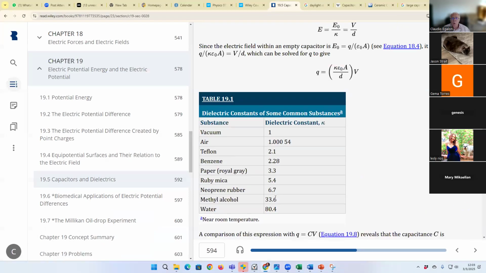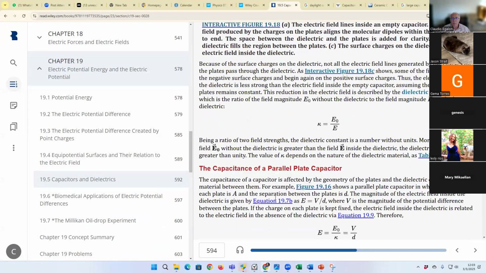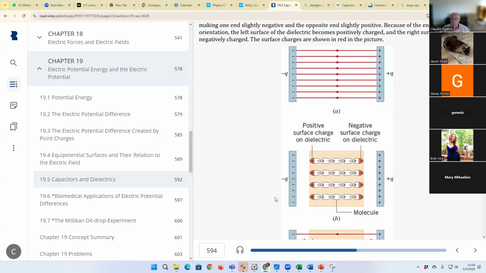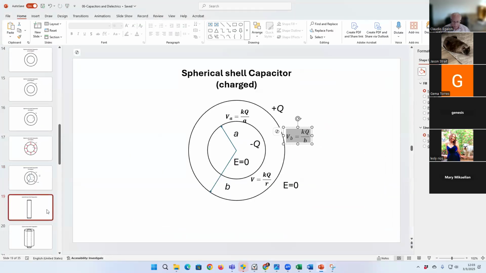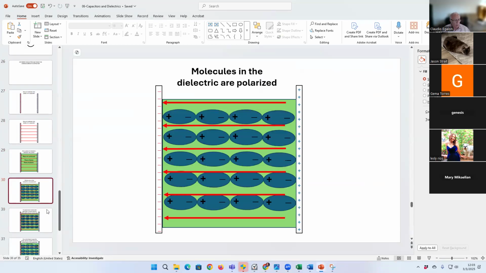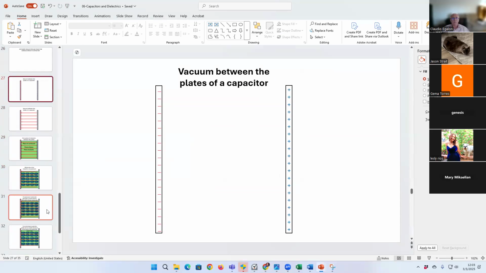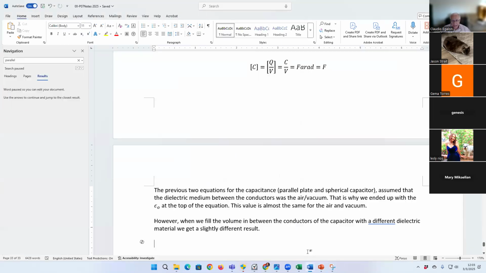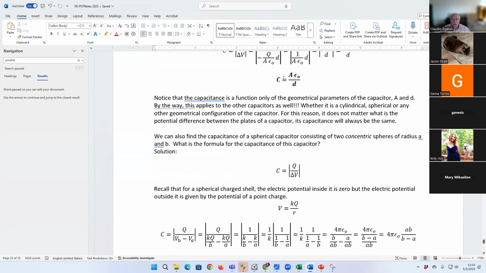And that's what he's doing right here. So the explanation is very straightforward. Let me see if I have my own. Oh yeah, right here. Vacuum between the plates of the capacitor. When you have the vacuum between the plates, the capacitance is going to be that result that you got, this one right here.